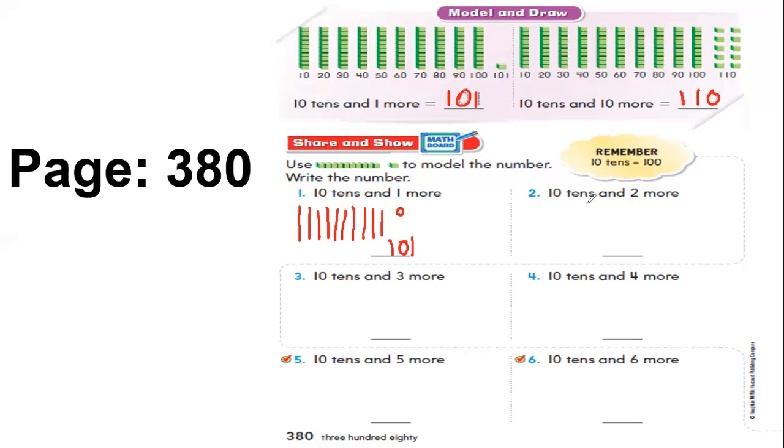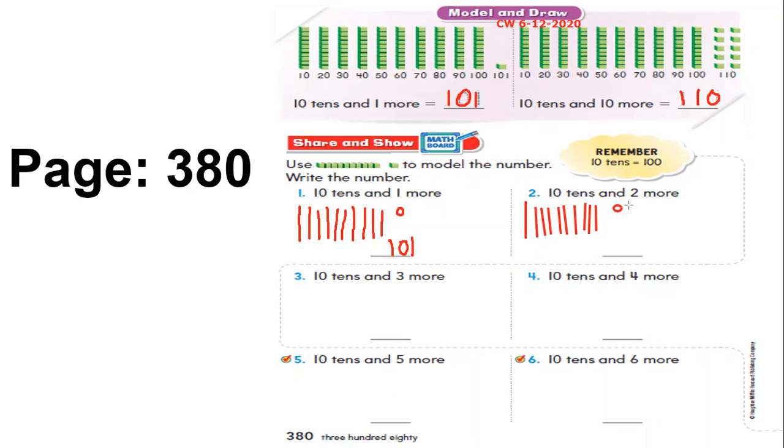Then I have question number 2. 10 tens and 2 more. So that becomes 1, 2, 3, 4, 5, 6, 7, 8, 9, 10. I have drawn 10 and then 2 more.